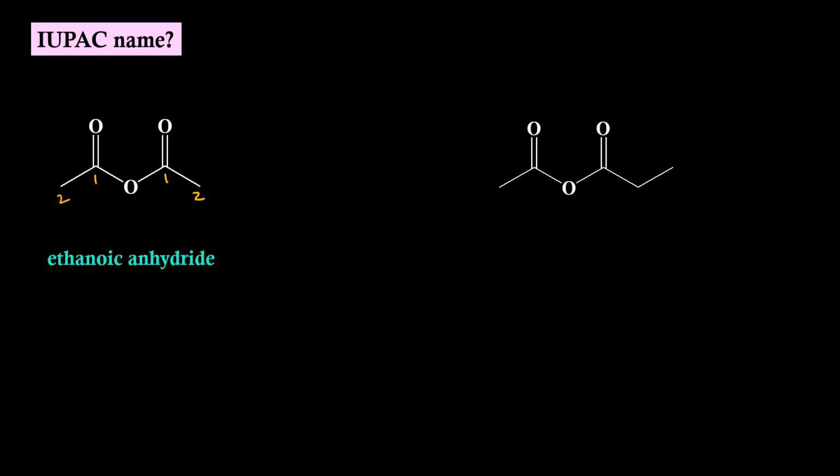If it is an unsymmetrical anhydride, as in this case, we have to indicate the names of both the acid groups in the IUPAC name. On this side we have two carbon atoms, so ethanoic. On this side we have three carbon atoms, so propanoic. Alphabetically E comes first. The IUPAC name will be ethanoic propanoic anhydride.